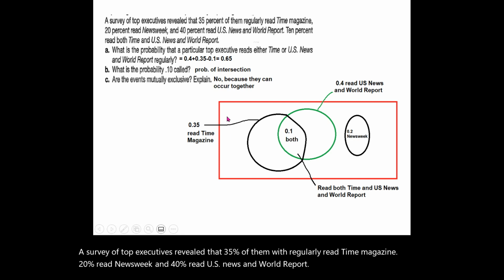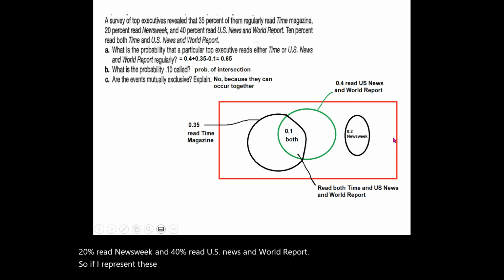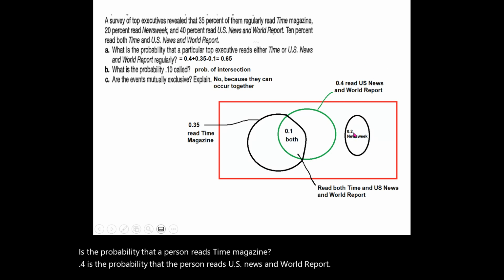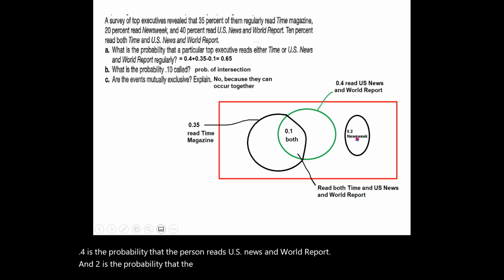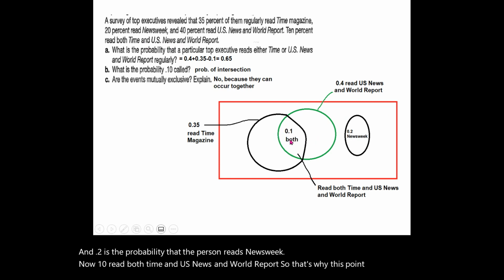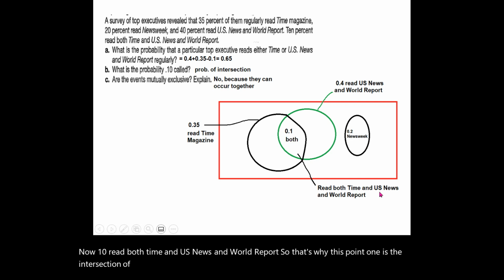So if I represent these probabilities in this diagram, you can see 0.35 is the probability that a person reads Time magazine, 0.4 is the probability that the person reads US News and World Report, and 0.2 is the probability that the person reads Newsweek. Now 10% read both Time and US News and World Report, so that's why this 0.1 is the intersection of both Time and US News and World Report. So these 10% read both of these magazines.